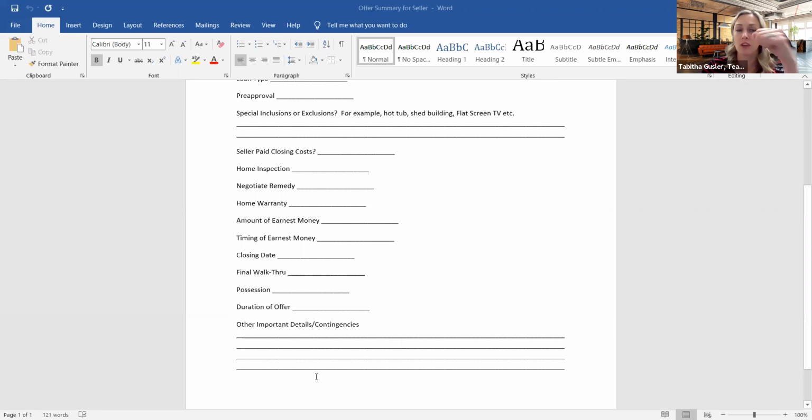And that's why I added the section at the bottom. This is other important details or contingencies. So I might make a note and I might say, you know, the representative for this buyer called me when it first came on the market and they wanted to be first in the house.